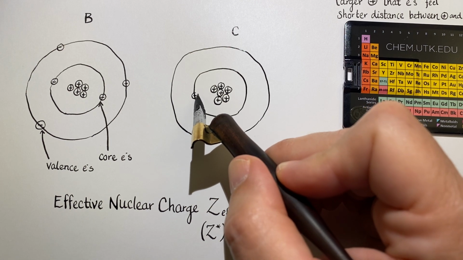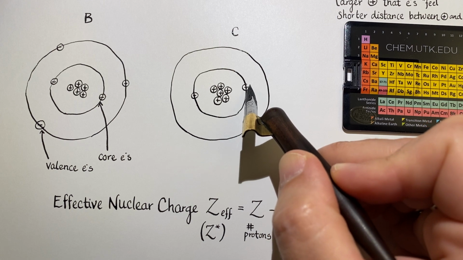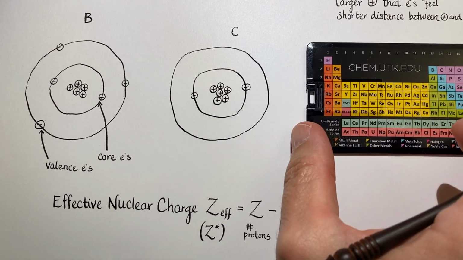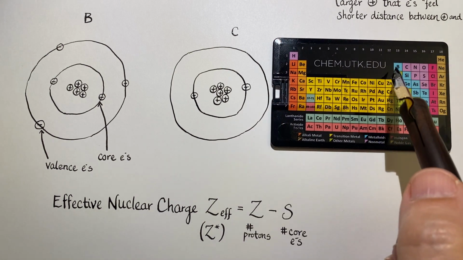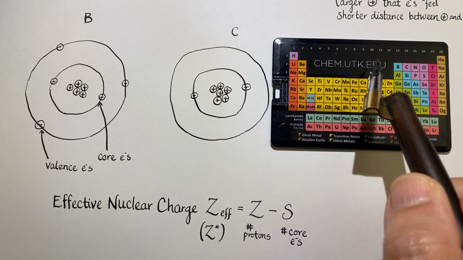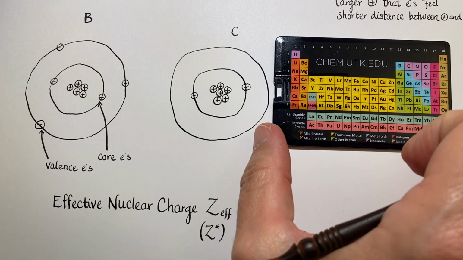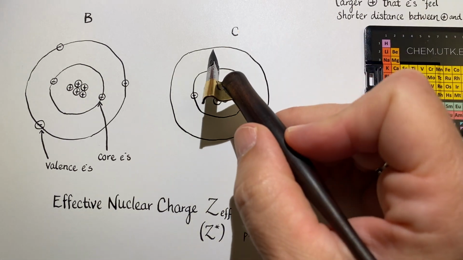We've got our core electrons, those 2, and then for our outer shell carbon has 1, 2, 3, 4. And it's in group 4A, which is not coincidental.